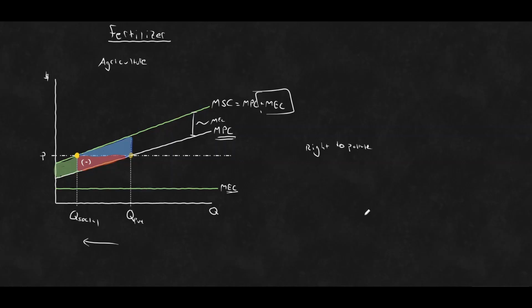As a result, they typically have this right to pollute. Alternatively, the other side is that you and I, the fishermen, everybody else, we have the right to a clean environment. Depending on who has the property right, we can then determine how we get to this outcome.